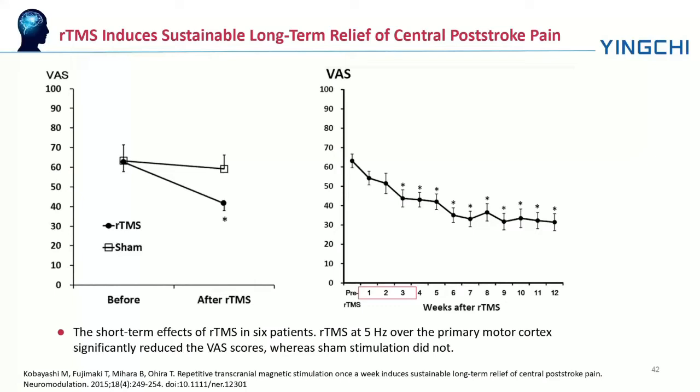As you can see, the short-term effects lasted for 12 weeks, and within the first 3 weeks it showed significant reduction. Compared to the sham stimulation, there was no significant improvement in pain relief.